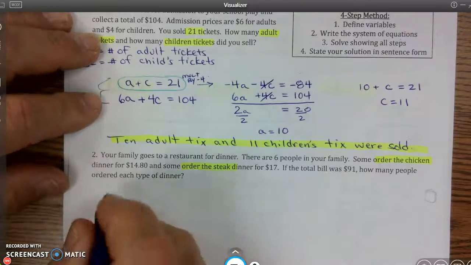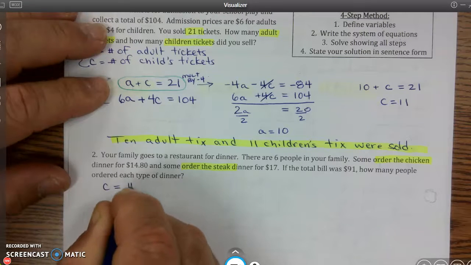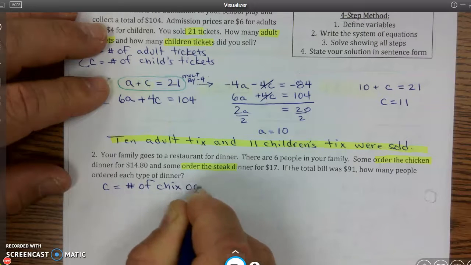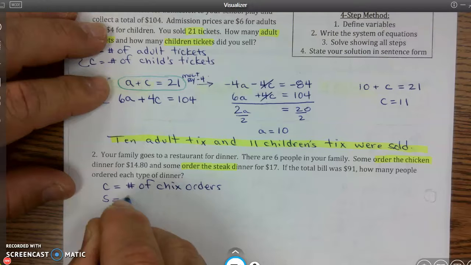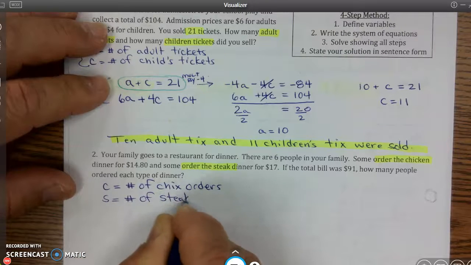So C equals number of chicken orders, and S equals number of steak orders.